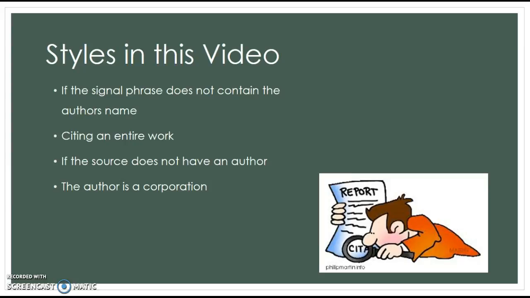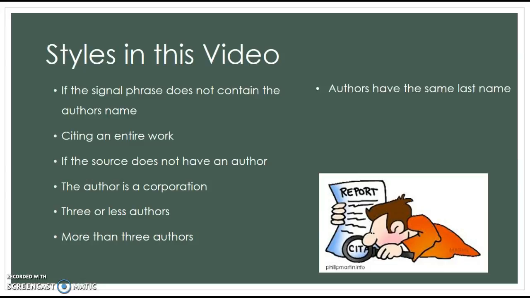If the author is a corporation, there are 3 or fewer authors, 3 or more authors, authors that have the same last name, or multiple works by the same author, along with using an analogy. So this is going to be a more lengthy video than some of my other ones, so hang in there. It's very informative. There are a lot of styles, so I wanted to include a wide variety.